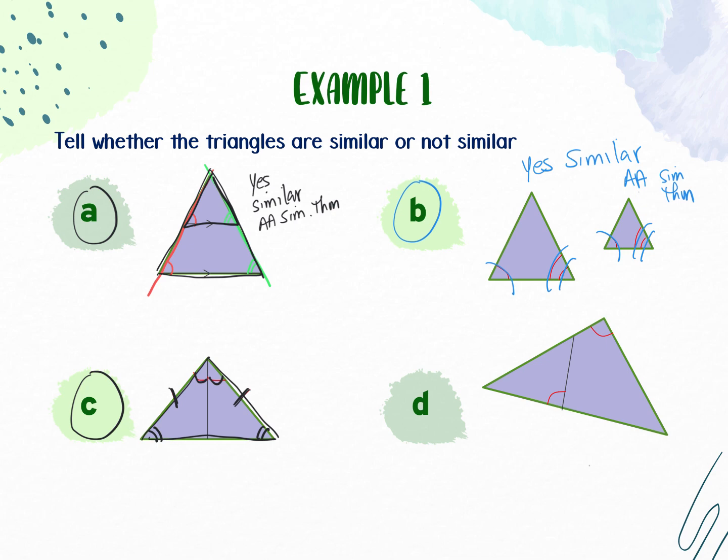So if the base angles are congruent, then if I break these into their two separate triangles, notice that I have this angle, which is congruent to this angle. And so now I have two angles that I've been able to prove are congruent. And so yes, these are similar, and again, angle-angle similarity theorem.